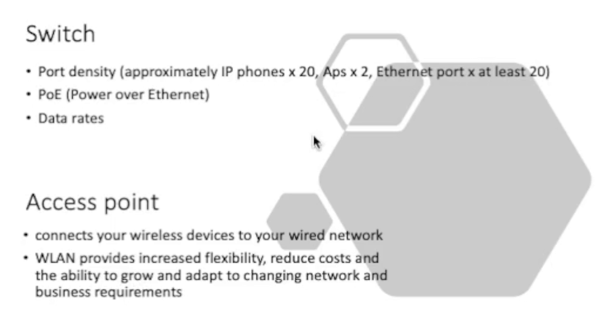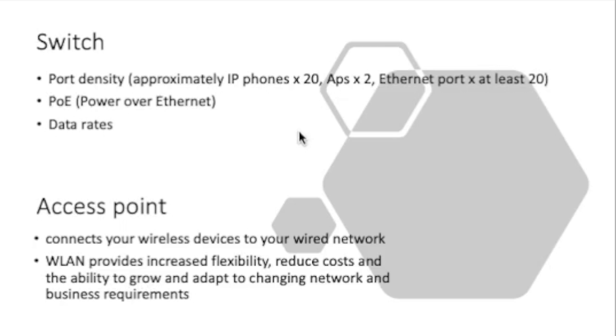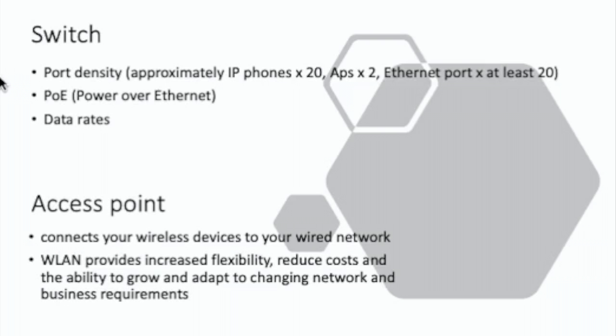So when we look for a switch, we will look for the port density. In this project, there are approximately 20 IP phones, 2 access points, and also maybe at least 20 Ethernet ports for each person, or maybe more. So I will look for the port density when selecting the switch. In this project, we may need 2 or 3 switches and 1 for redundancy maybe.